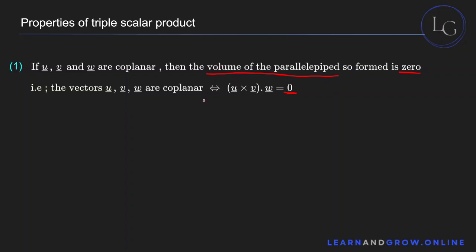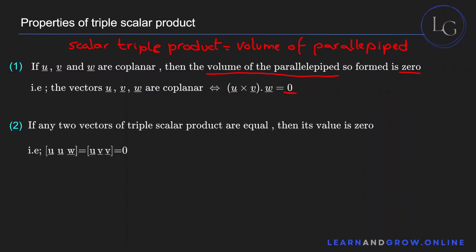So what this basically tells you is that the scalar triple product basically gives you the volume of the parallelepiped that is formed by the three vectors. We'll later on discuss what the parallelepiped is, but this is just for your knowledge right now.